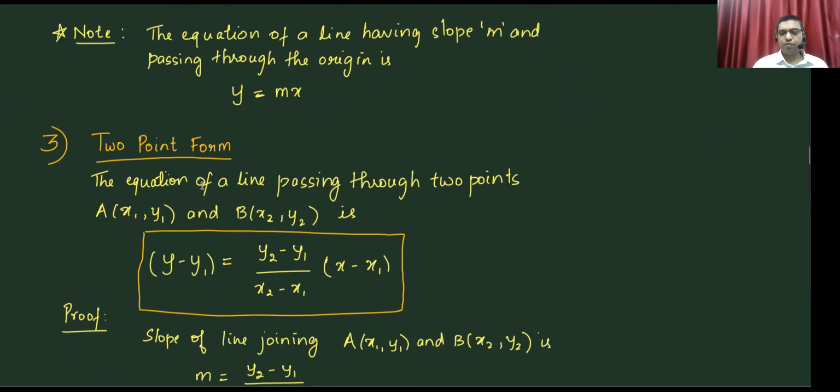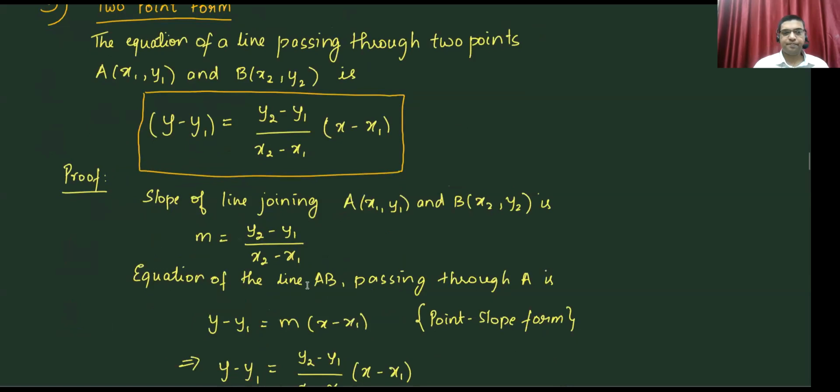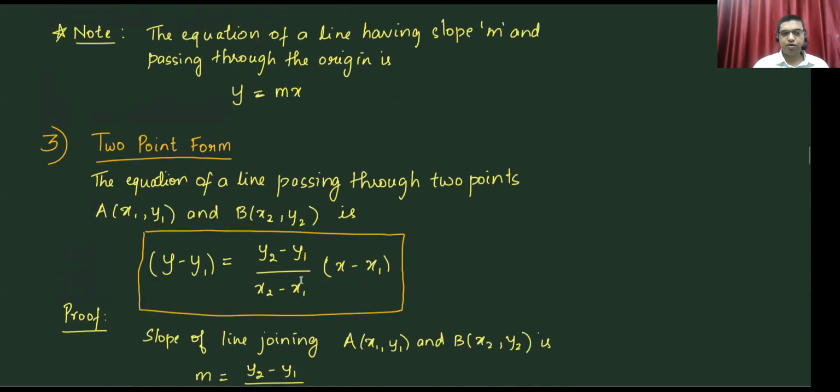Then 2-point form of a straight line. The equation of a line passing through 2 points A (x1, y1) and B (x2, y2) is y minus y1 is equal to y2 minus y1 by x2 minus x1 into x minus x1. This is the 2-point form.